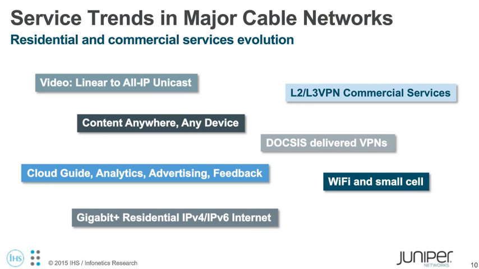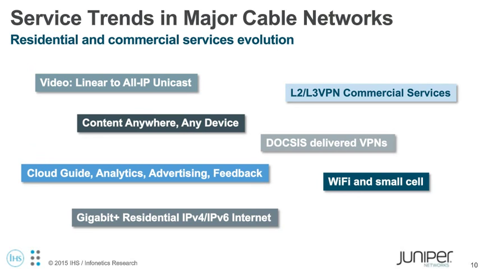So we see video becoming the real driver of not only traffic on these networks, but also new and quite innovative revenue models for cable operators to explore. There's also this notion of using cable technology to deliver VPN access, using cable technology to deliver commercial services, and certainly this whole notion of delivering gigabit or gigabit plus residential internet has certainly taken the industry by storm.